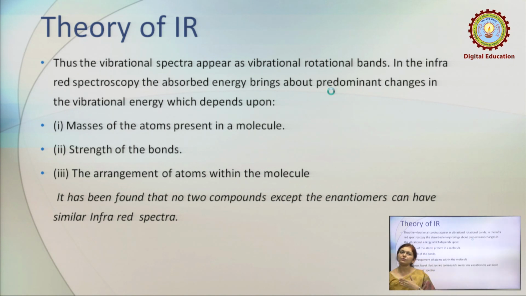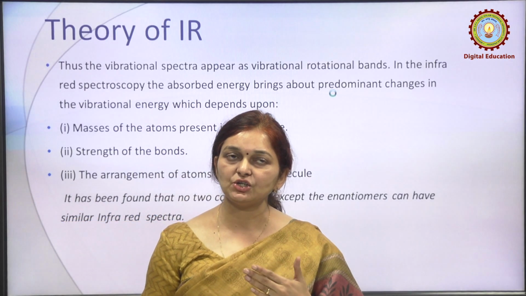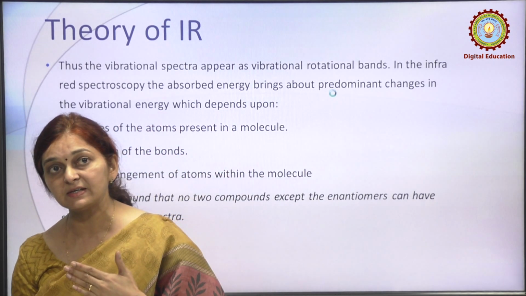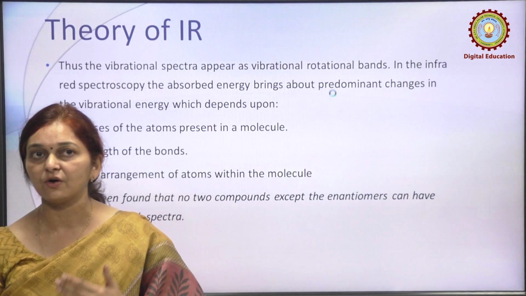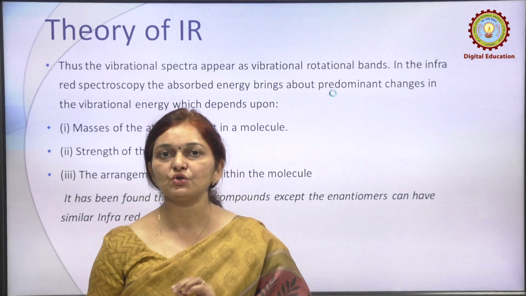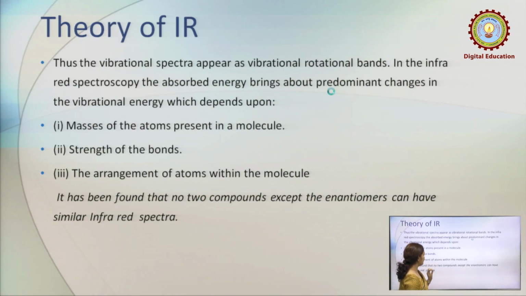IR is very important for determining the functional groups in a compound. We can easily differentiate between different compounds on the basis of their IR spectra, but one limitation of IR spectroscopy is that we cannot differentiate two enantiomers on the basis of IR.